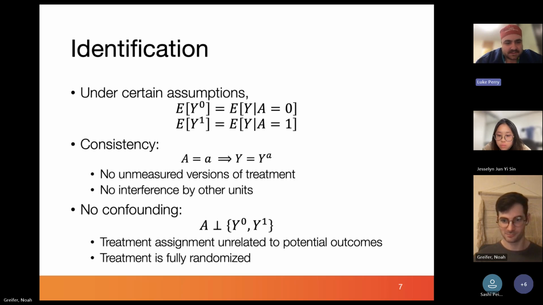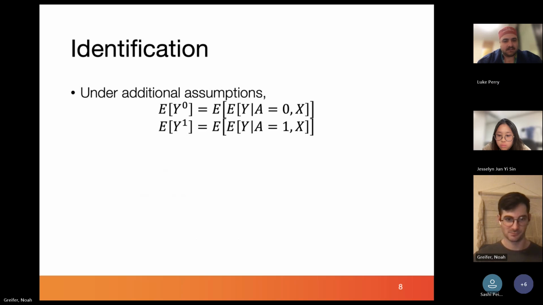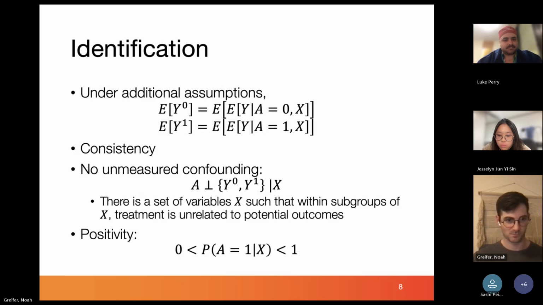And then if you go forward one slide, Noah. The no unmeasured confounding assumption is really important. Imagine you see an observational study of the association of being on ECMO before cardiac surgery and mortality, and the study says that ECMO was associated with death.